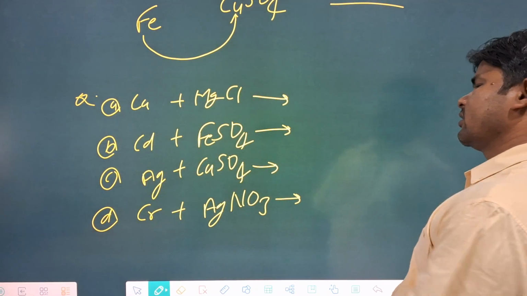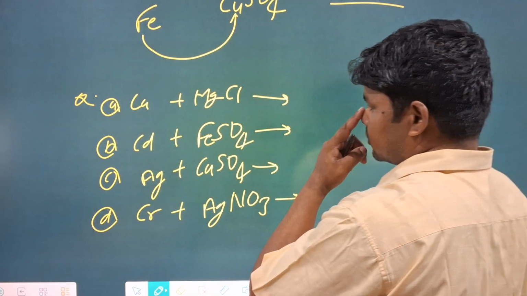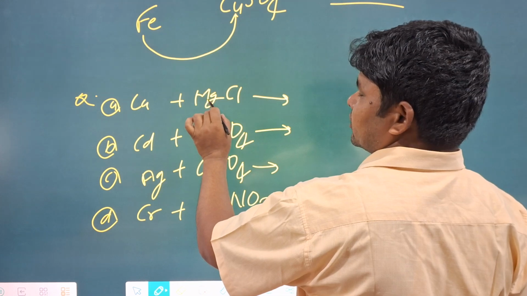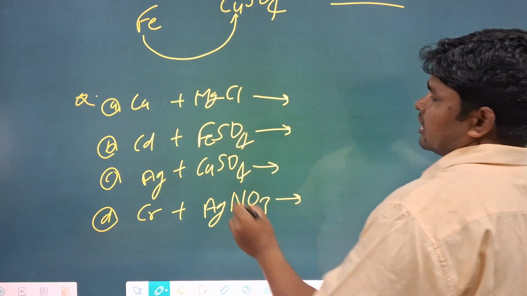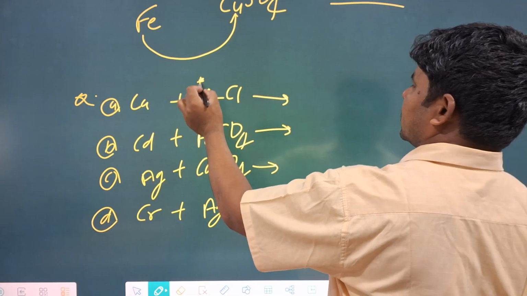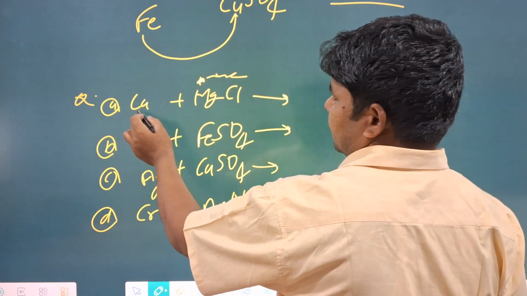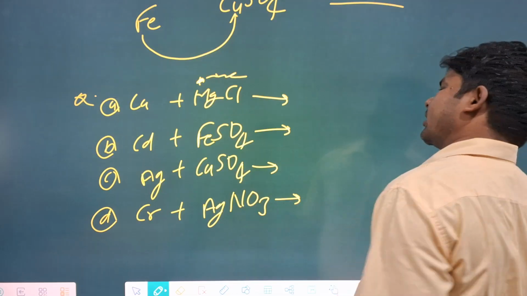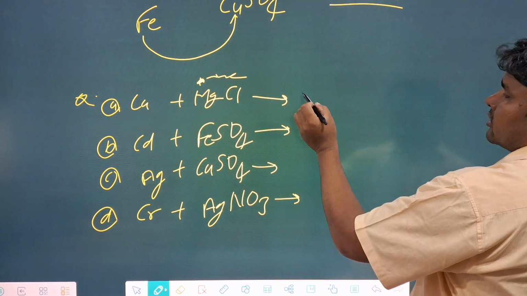The possibility of a reaction can be easily identified with the help of the electrochemical series, as we compare the standard reduction potential of copper and magnesium. Copper has a positive reduction potential and magnesium has a negative value of reduction potential. The reducing power of copper is less than magnesium, hence copper cannot replace magnesium from magnesium chloride solution. Hence reaction A is not possible.